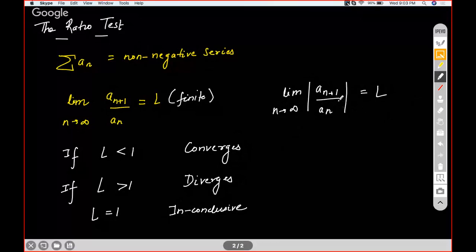Doesn't make much of a difference to the test. So remember, in the ratio test, you take the n plus 1th term to the nth term ratio and find the limit of it as n tends to infinity. If the limit, which is a finite quantity L, is less than 1, it is a convergent series. If it is greater than 1, it's a divergent series. But the test doesn't say anything if your L becomes equal to 1.